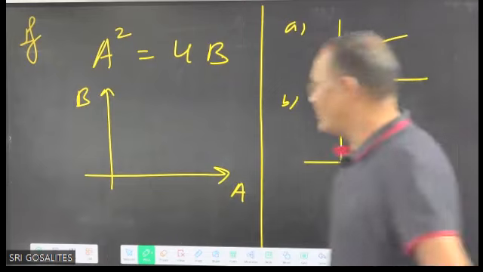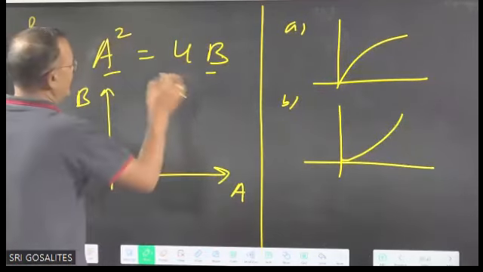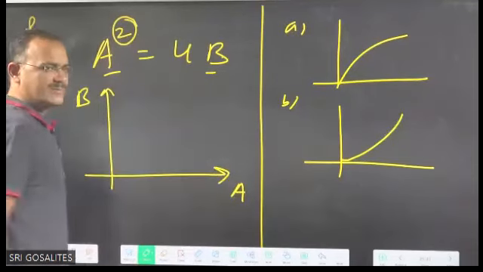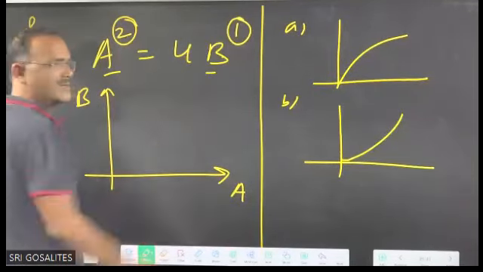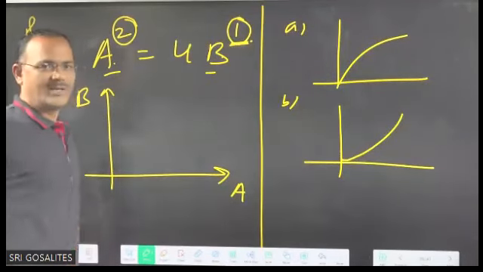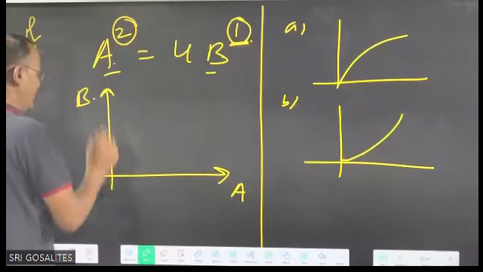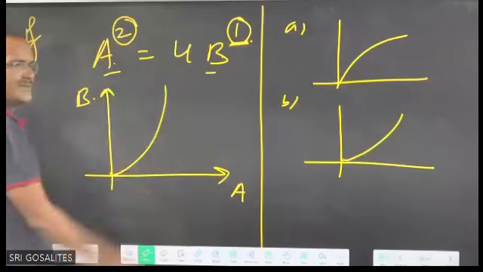A and B are variables because we are plotting them on the axes. Which has the power 2? A. Which has the power 1? B. Parabola will be symmetric to the variable which has the power 1. So which has the power 1? B. It will be like this.